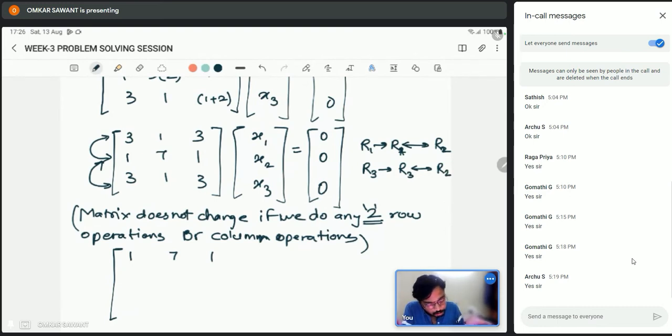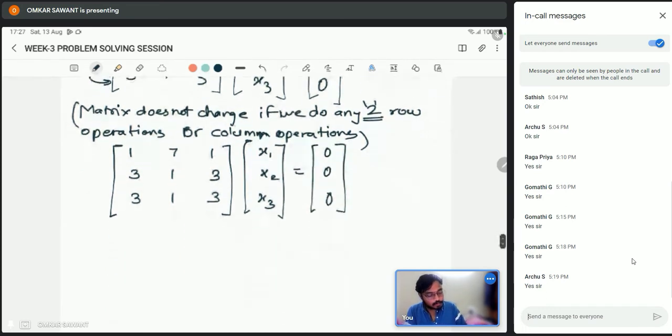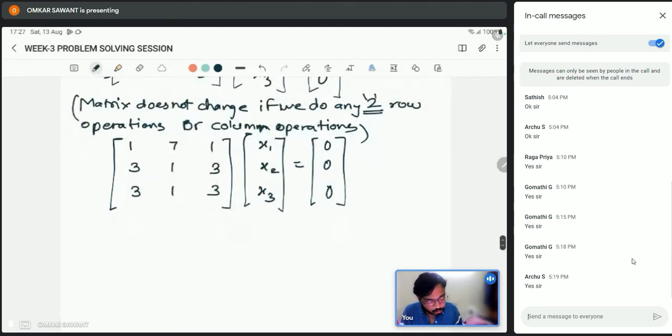So we'll write 171 goes up, 313 goes down, and again that goes to the third row. So the second and third rows will be 313, 313. Then x1, x2, x3, 0, 0, 0.